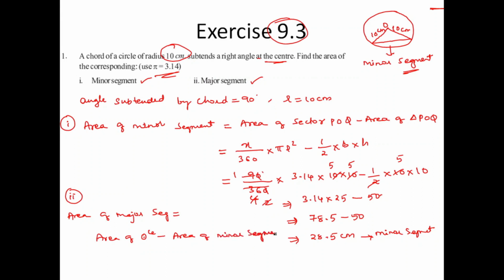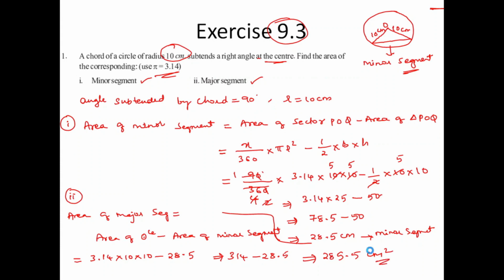The area of a circle is pi into r square, where r value is 10 into 10. Area which we received as of now is this much. Now on simplifying this, I am left with this value. So this is your required answer.